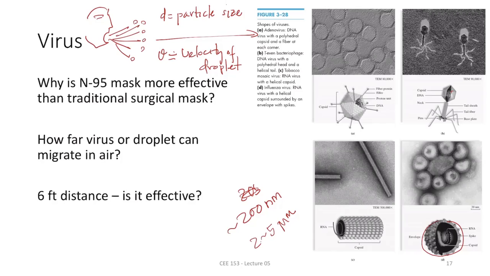Roughly, when we speak, we don't exert that much velocity. When we speak, it goes around, let's say, 6 feet, or a little bit more. If we cough, it goes even farther. When we sing, we have more pressure, we use more energy, so that means it has more velocity.